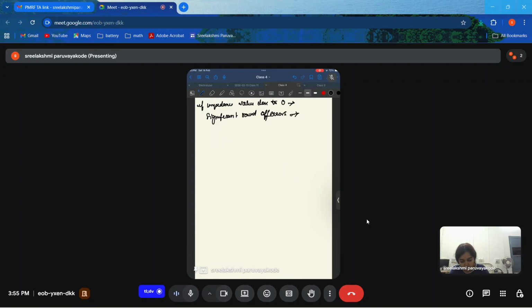This is because data is stored at finite precision. So the impedance value is already close to zero, and it will have round-off errors.